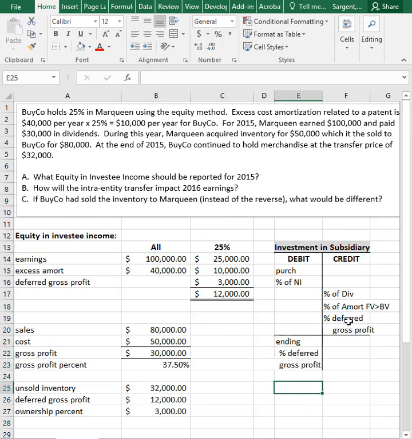So this $3,000 that's here will be reversed in the following year, because you will be allowed to record the gross profit eventually, just not yet, when you sell this $32,000. And most inventory is sold within a year, except for very specialized industries. So we're going to presume that the inventory will be sold in the next year. So that's how it would impact it.